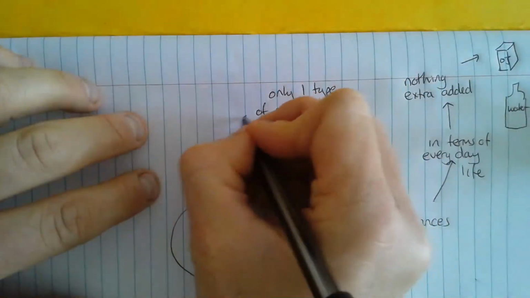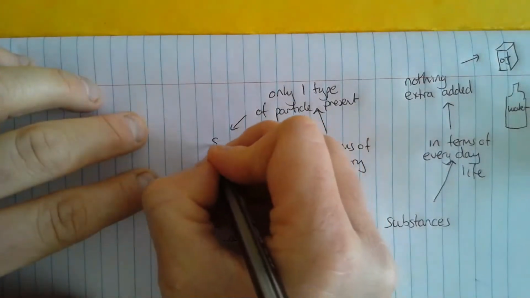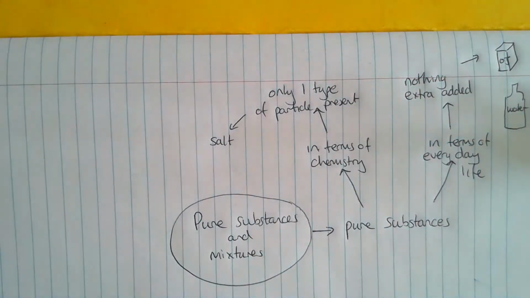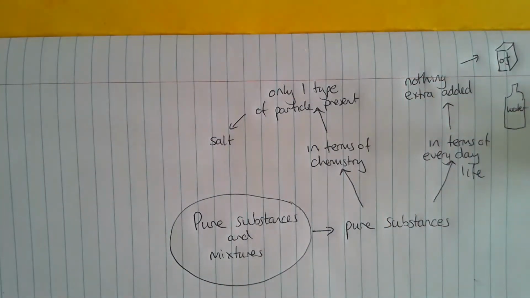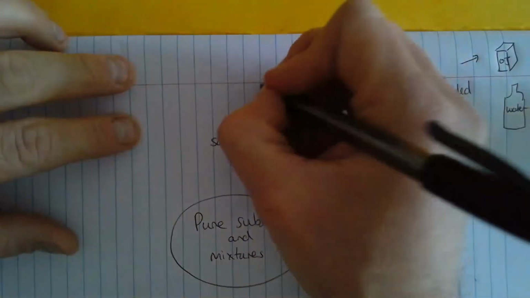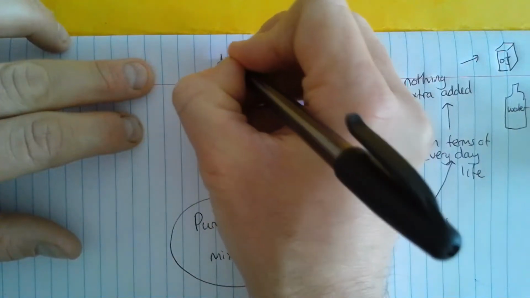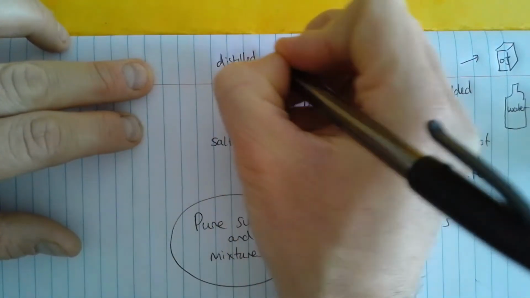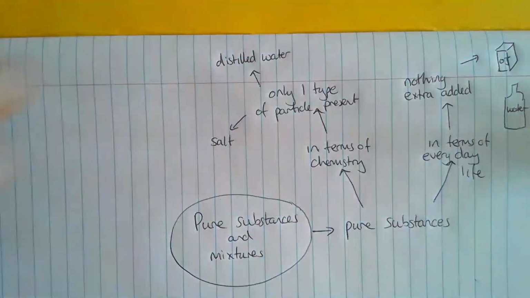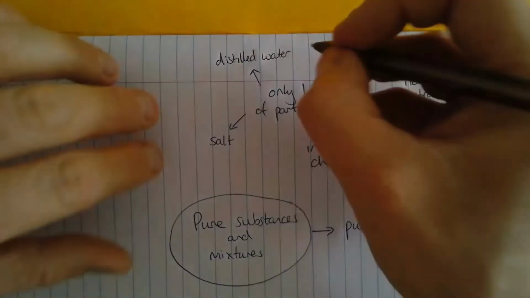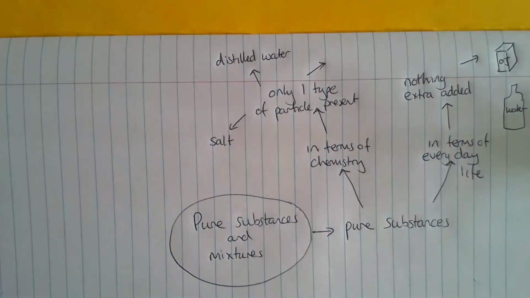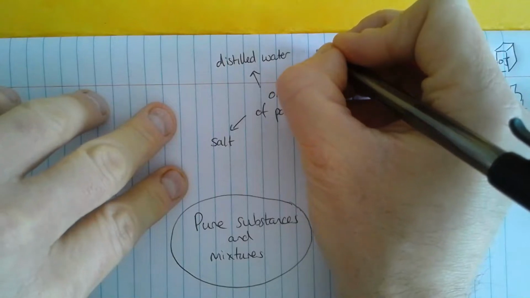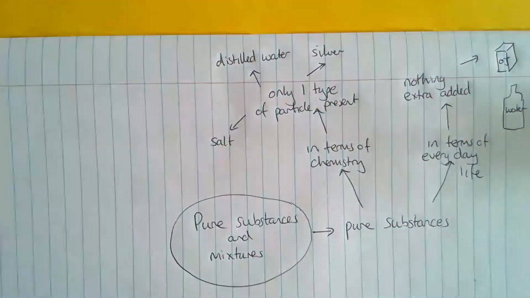So an example of that, what we use in everyday life, is salt. So the salt that we use in our homes, in our kitchens, has only one type of chemical in it. Distilled water is a pure substance. The silver jewellery is made just of silver.